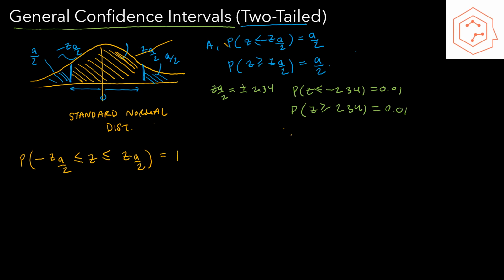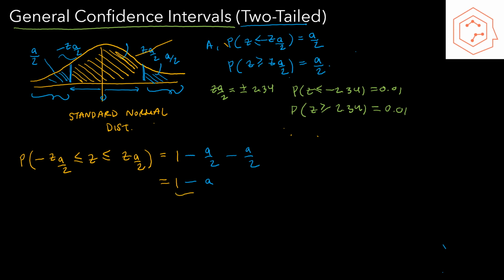1 minus our blue regions. So 1 minus α/2 for the lower tail, minus another α/2 for the upper tail. And so this is going to be 1 minus α. And that's how you create a (1 minus α) times 100% confidence interval. So α is going to be a decimal.